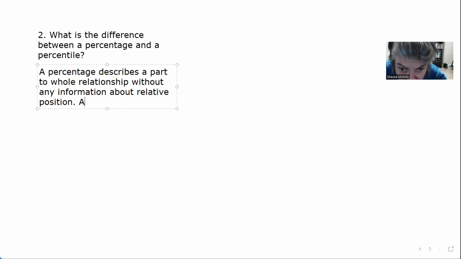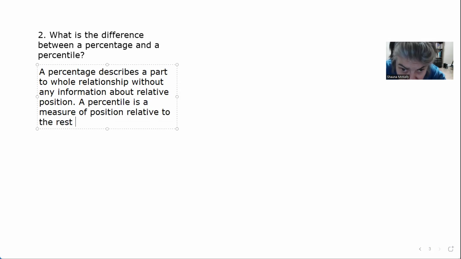A percentile is a measure of position relative to the rest of the group. Something similar to that. And I'll show you the place in the book where that occurs.